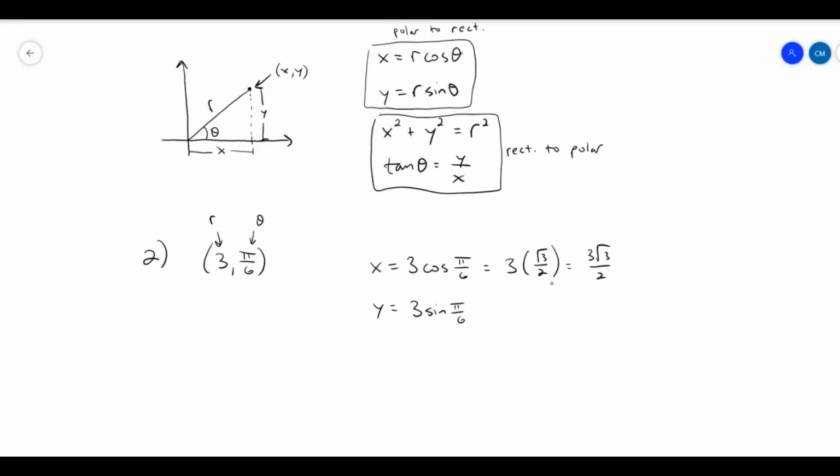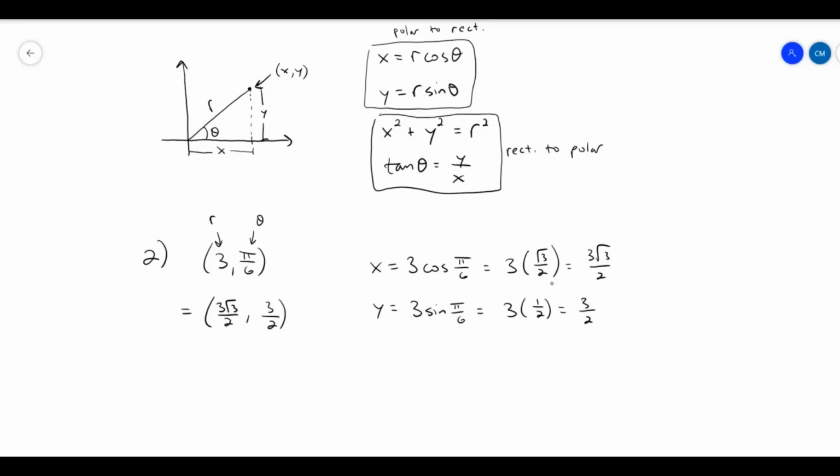That's 3, and the sine of pi over 6 is 1/2, which gets 3 over 2. So this point in rectangular or Cartesian coordinates would be 3 root 3 over 2 as the x coordinate, and 3/2 as the y coordinate.